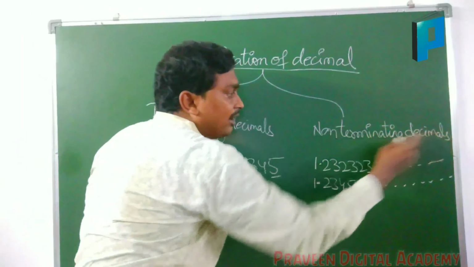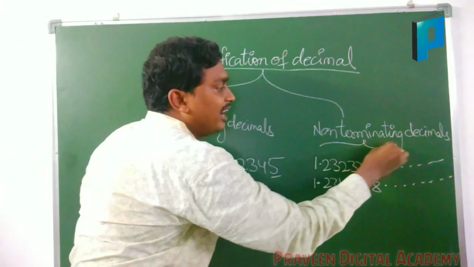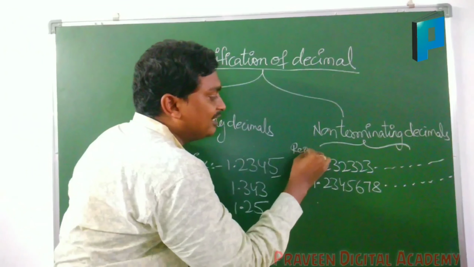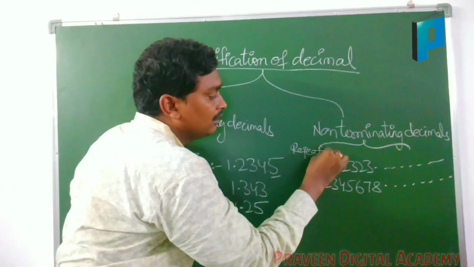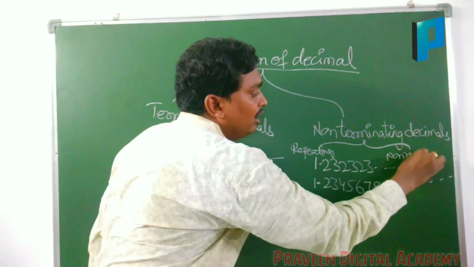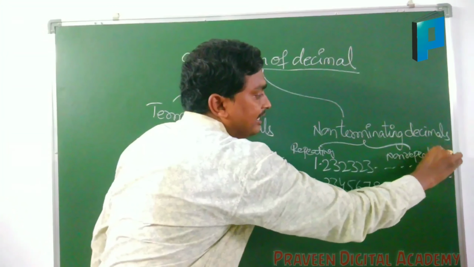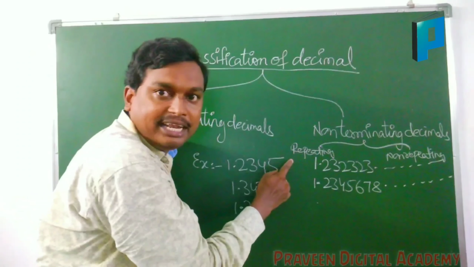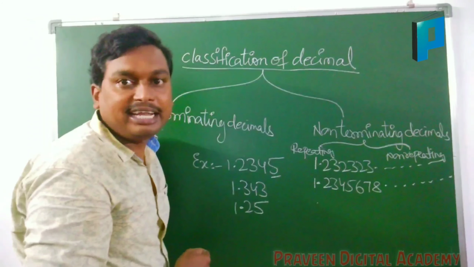Again, a non-terminating decimal is divided into two types: one is repeating decimal, and the other is non-repeating decimal.